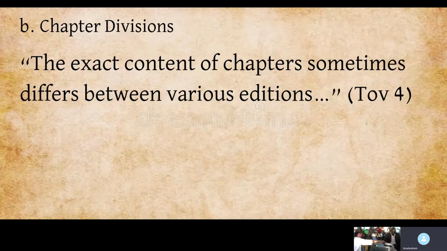So the second difference that we talked about was chapter divisions. Sometimes a chapter is divided differently, but it has the same words regardless of where it starts or stops in the Old Testament. And so when you're looking up something in the Hebrew Bible, you might have a different verse number and chapter number than you would from the Ekagusi Bible or the English Bible.